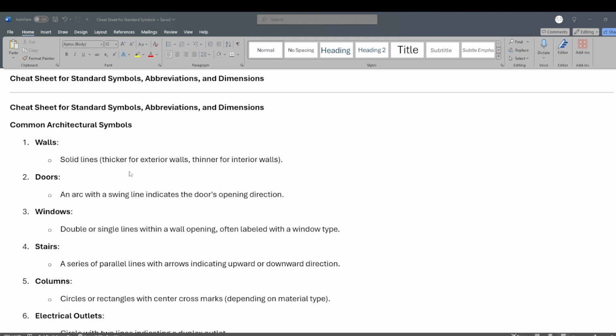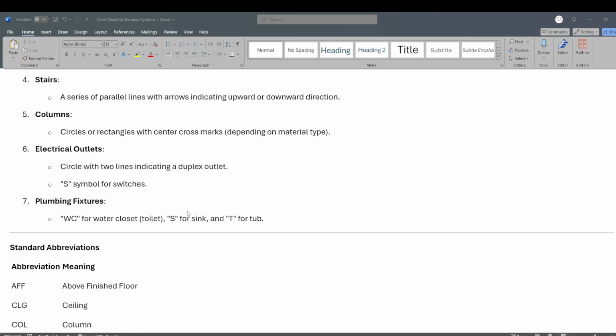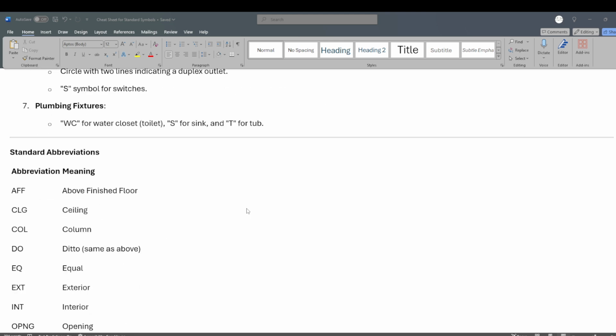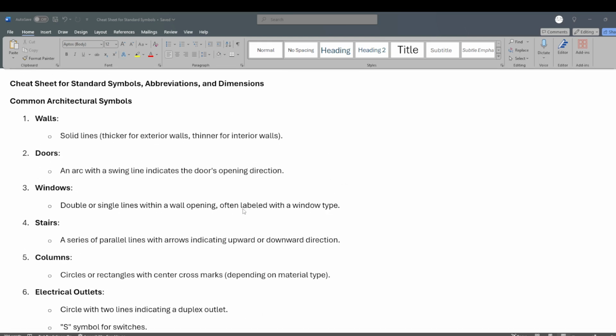All right, so when we talk about the architectural set, we are talking about the installation of or the construction of new walls, doors, windows, stairs, columns. And when we get into the MEPs, electrical, rooftop units, fans, sinks, toilets, and all of that. These are the standard things that you'll find in a general architectural set.